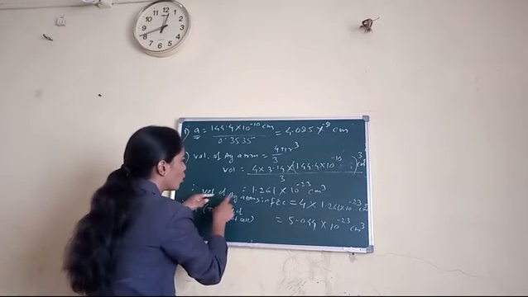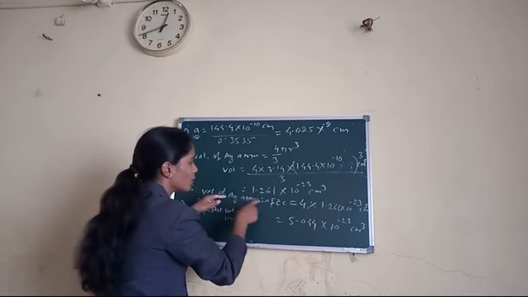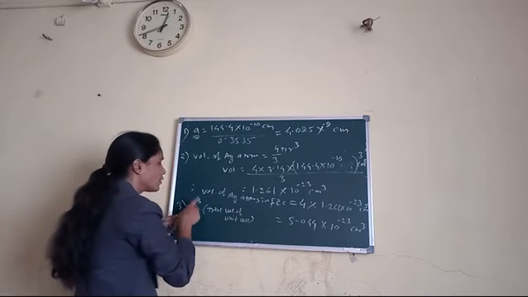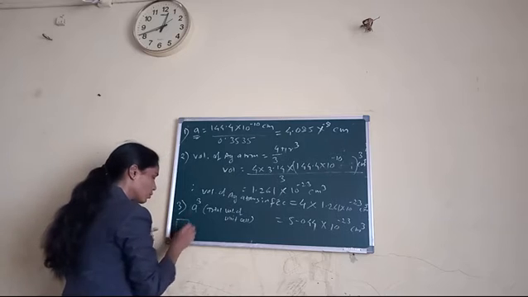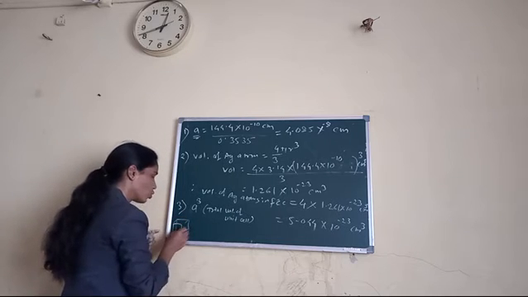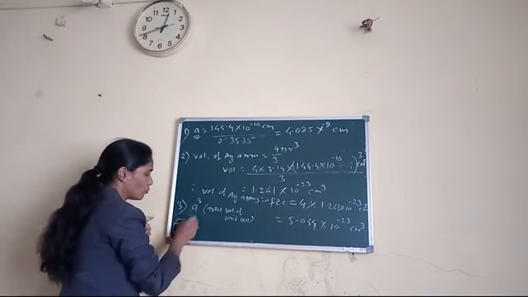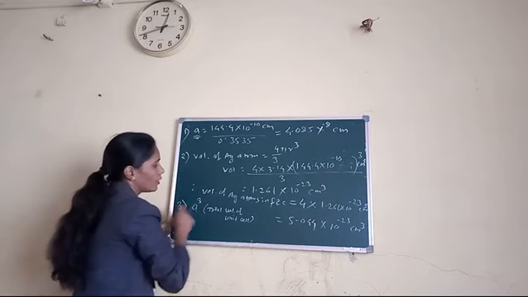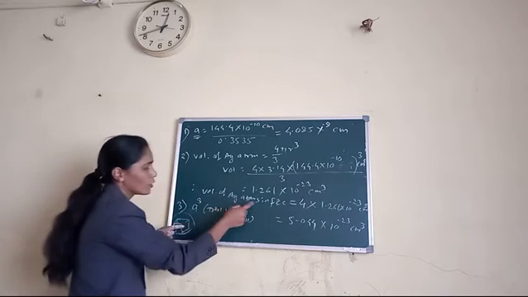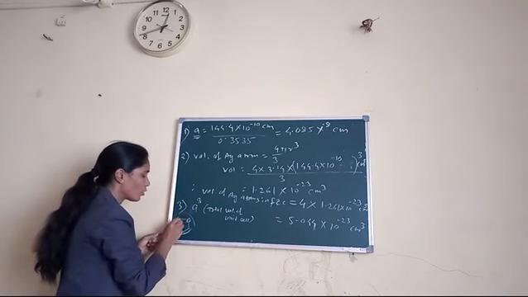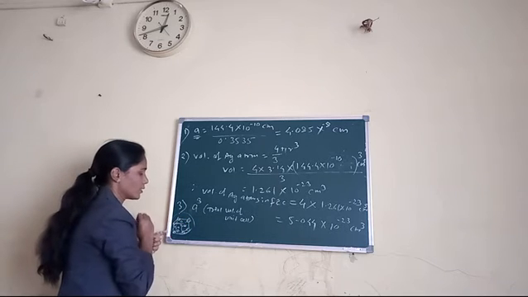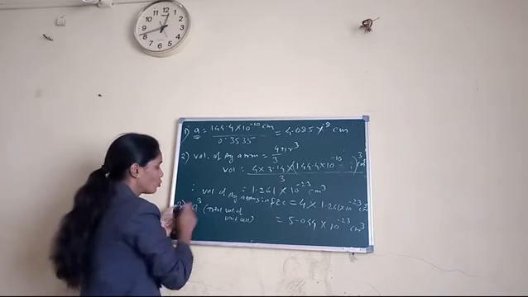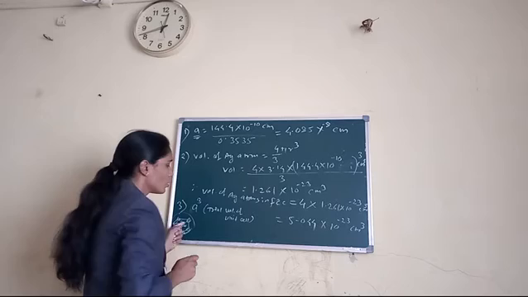This is the volume of silver atoms, only silver atoms in FCC, and a cube is the total volume of the unit cell. This is a cube. The total volume is a cube, and volume of silver atoms is only for 8 corners and 6 faces. Therefore total volume of unit cell.